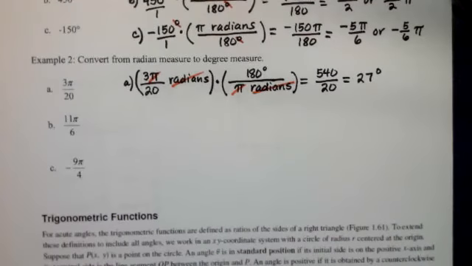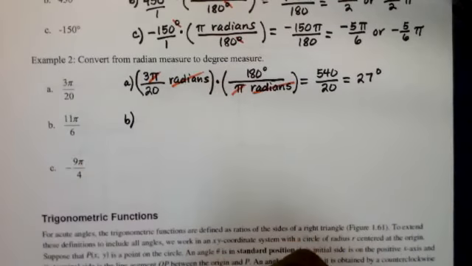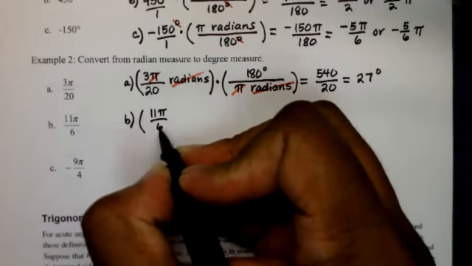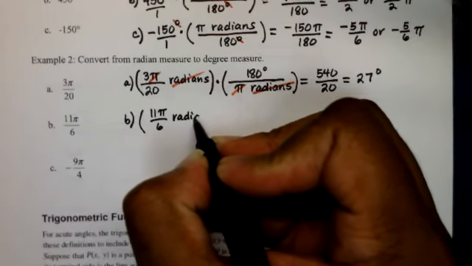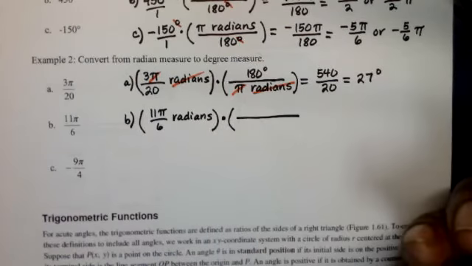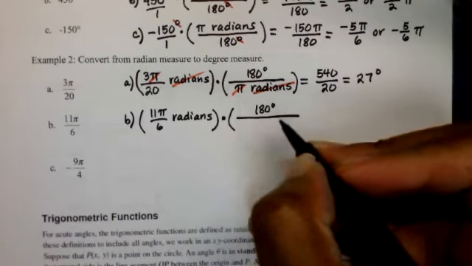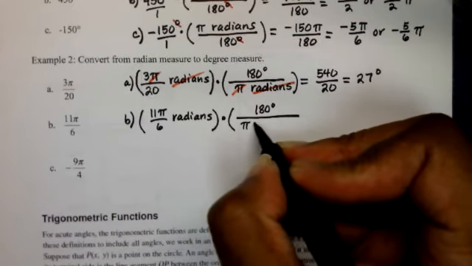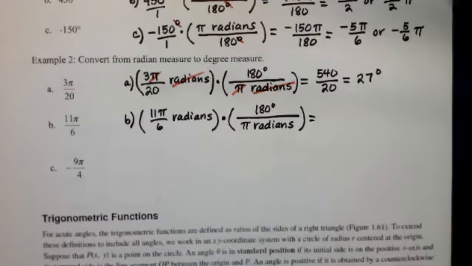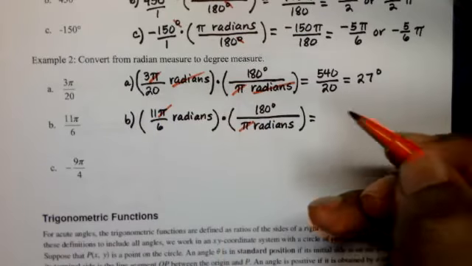All right, part B, 11 pi over 6. And again, this is in radians, so I'm going to write the 11 pi over 6, and that is in radians. So now we need to convert that to degrees using the same conversion. So it'd be 180 on top with the pi radians in the denominator. And again, the pi in the numerator and the denominator divide out.